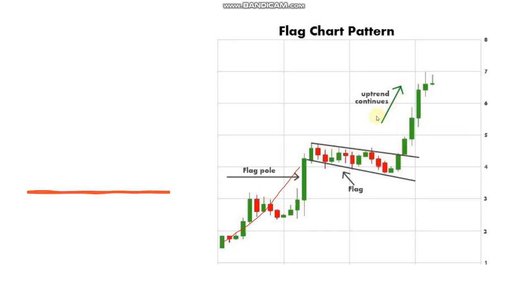Whenever you spot a flag pattern, draw a line like this and like this, one above and one below, and if the market breaches this particular point, you should enter here. This will be the perfect entry when the market gives you a perfect breakout.